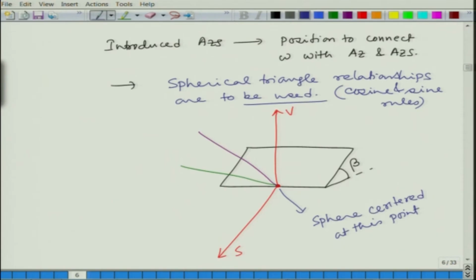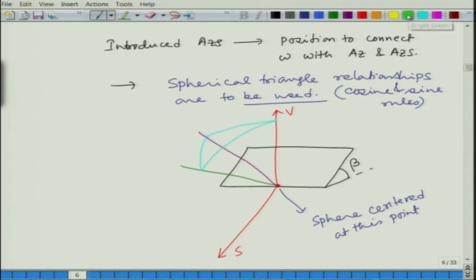Okay. Then if we have that sphere, what will it do? It will have some intersection with these three lines. One is with the vertical line.